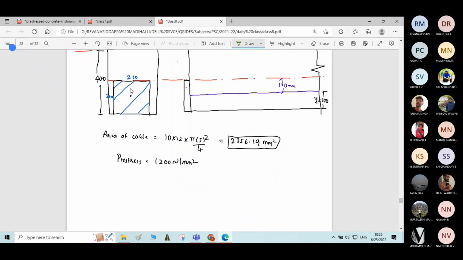Okay, dia of the duct is 100 mm. So in the longitudinal section, it will look like this. The dia of the duct is 100 mm.